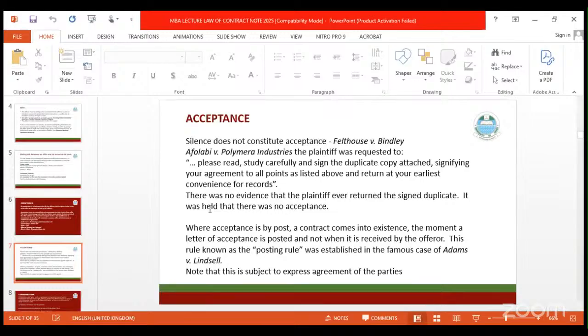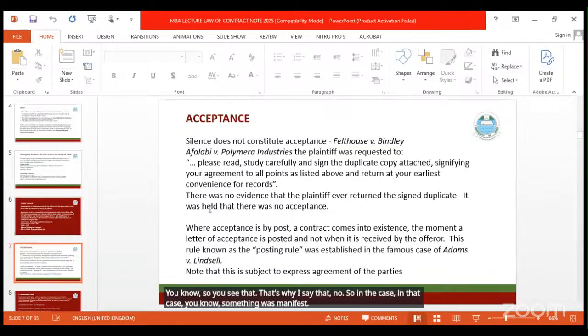So we see that in that case, something must manifest. These are rules of acceptance. As a general rule, silence does not amount to acceptance, except it will be construed as such. So if you read the case of Afolabi, the same thing, where they said, please read, study carefully, and sign the duplicate copy attached, signifying your agreement to all the points as listed above.